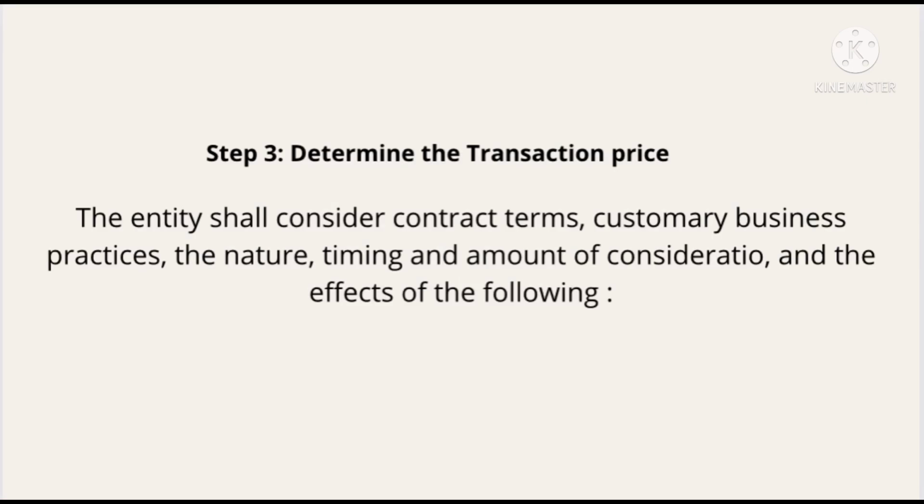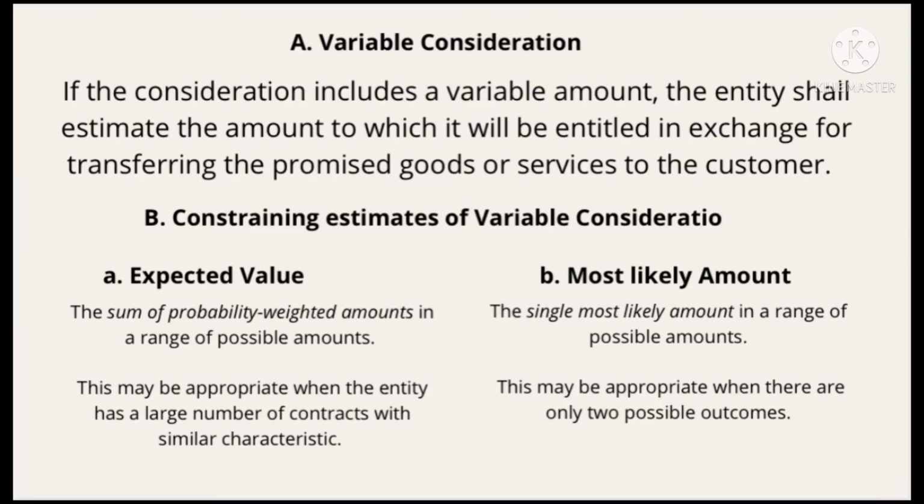Additional concepts related to Step 3. Step 3. Determine the transaction price. In determining the transaction price, the entity shall consider contract terms, customary business practices, the nature, timing, and amount of consideration, and the effects of the following. First is the variable consideration. If the consideration includes a variable amount, the entity shall estimate the amount to which it will be entitled in exchange for transferring the promised goods or services to the customer. Second is concerning estimates of variable consideration.